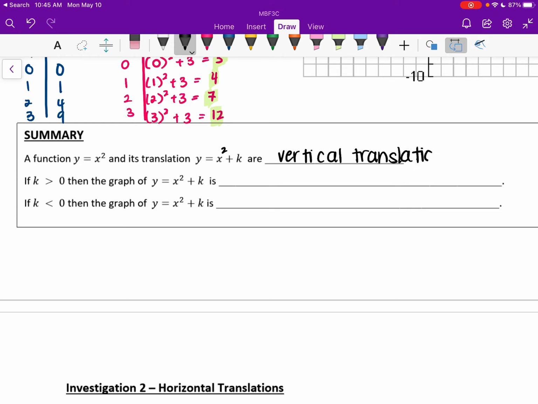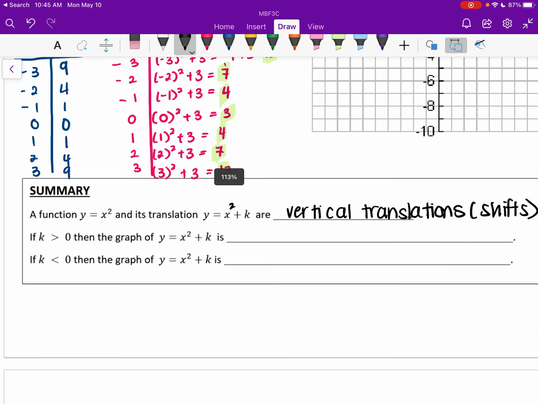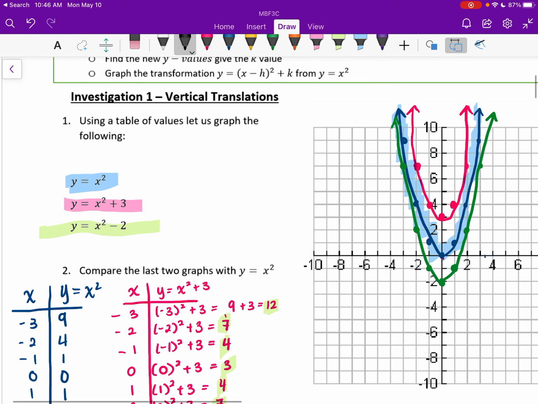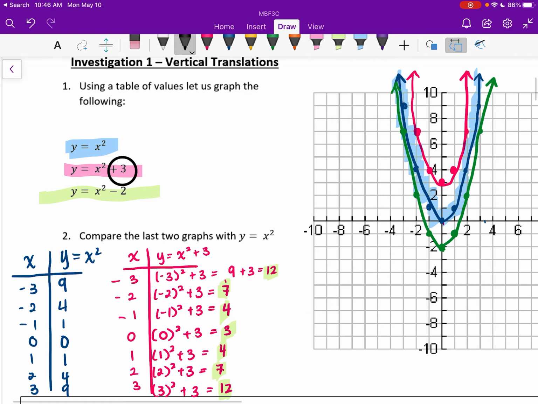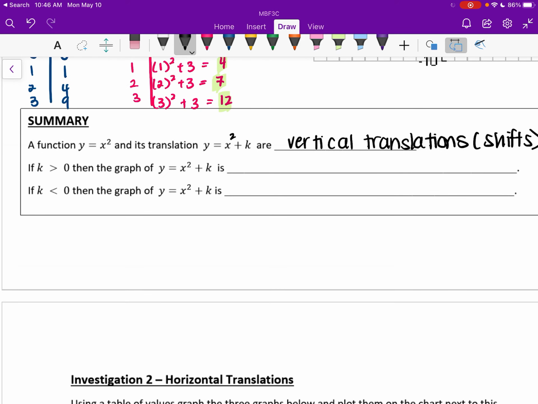Or another word that we use for translations is shifts, right? So if k is greater than 0, which means it's positive, then you shift upwards. So you'll notice that the pink graph moved upwards, right? So it is a vertical shift up, right? It moves up.